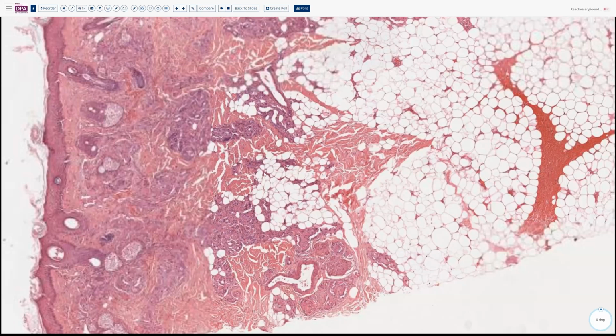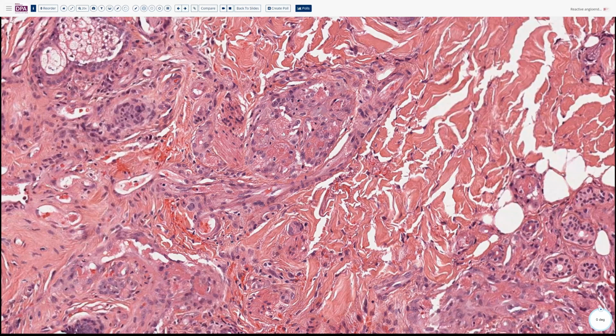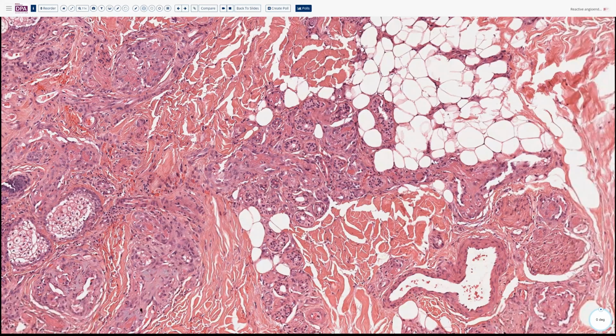Sometimes these vascular proliferations appear to be sort of built on the background of collagenous material. Sometimes they can have a little bit of variability here, as you can see, just sort of a proliferation along some of the vascular septal areas. Here, a little bit of myxoid stromal changes and so forth.